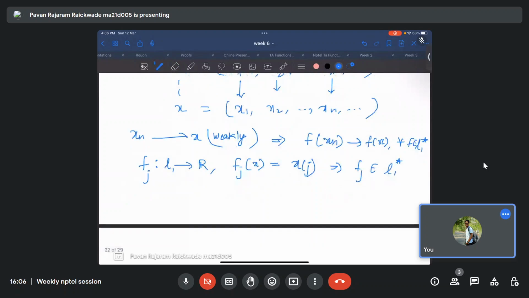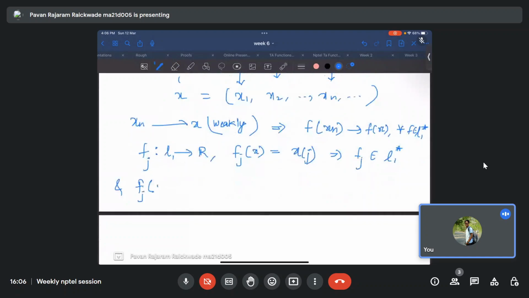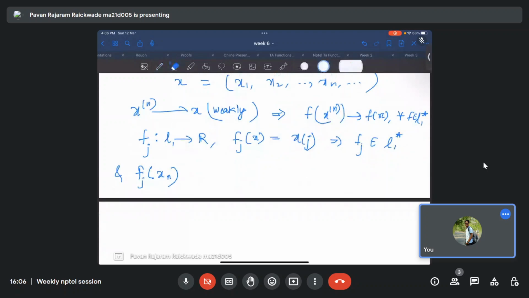And fj of Xn will be Xnj. This should converge to fj of X, which is Xj.